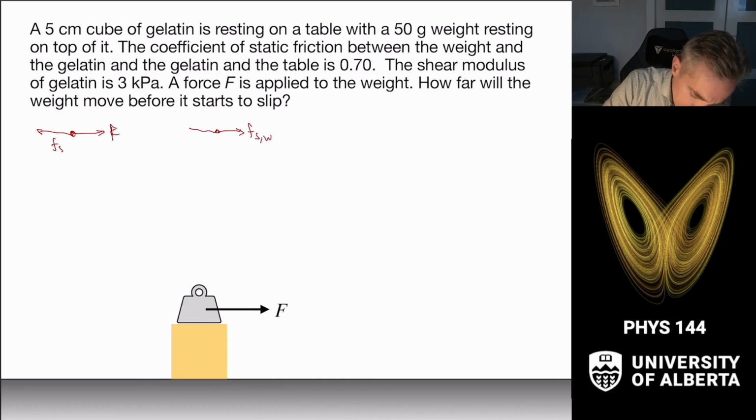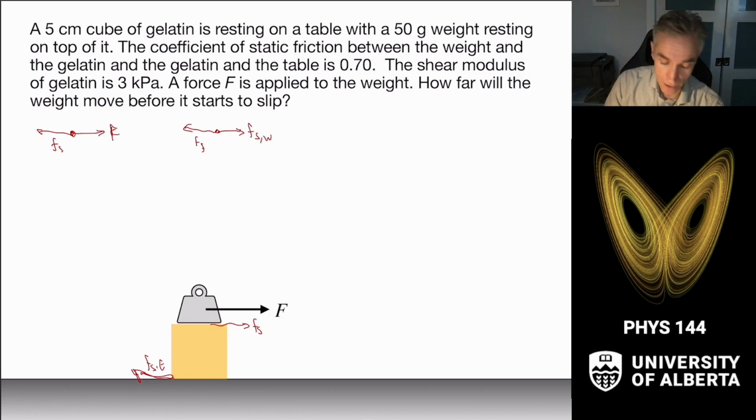Then there's a similar static friction force at the bottom, Fs from the Earth, and this one is Fs from the gelatin. We're going to assume that those are the same, so the gelatin mass is negligible. And then there's a normal force and an mg.